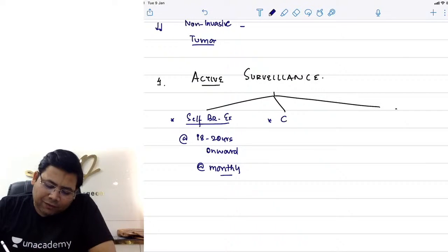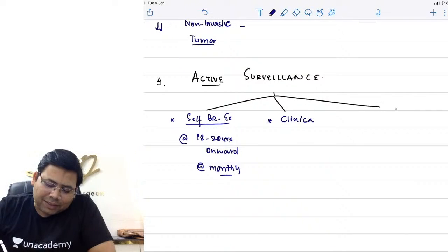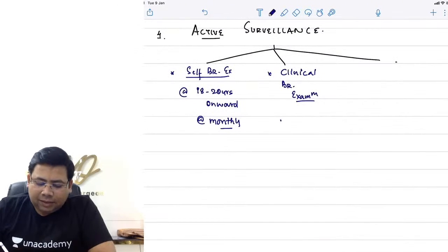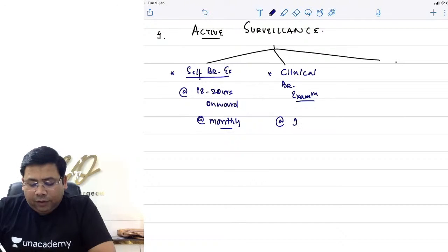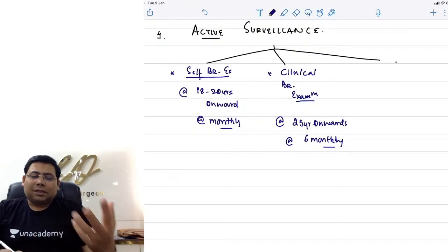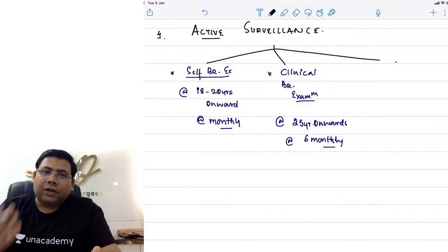Then she said, when will I have to visit for clinical breast examination? Clinical breast examination is done by the consultant, and this is started from 25 years onwards. She'll be visiting your clinic or hospital for this, and it is done 6 monthly, so biannually. She said, sir, won't you add something for screening in terms of radiology?